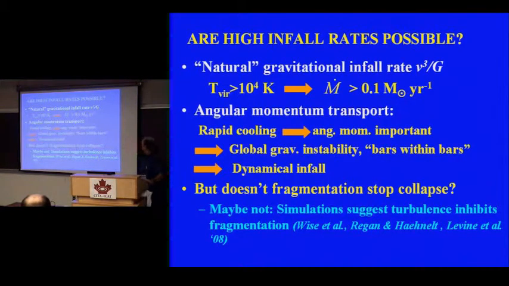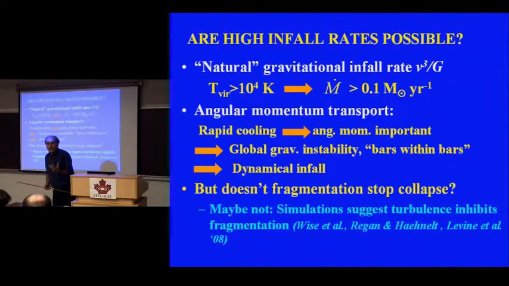Okay. The final thing I want to talk about, if I just have a few minutes, is the question of whether, where, and if you can find the very large infall rates necessary to create these things in the first place. The fastest rate you can have gas infalling is the rate that's associated with the gravitational collapse of a self-gravitating object.